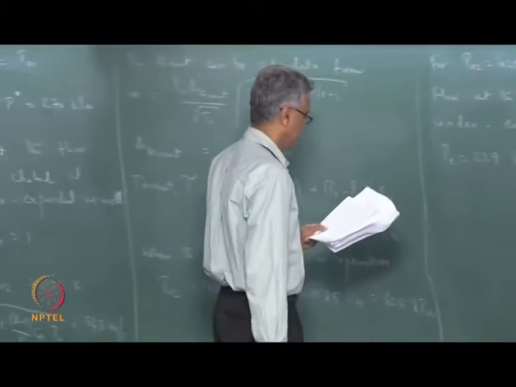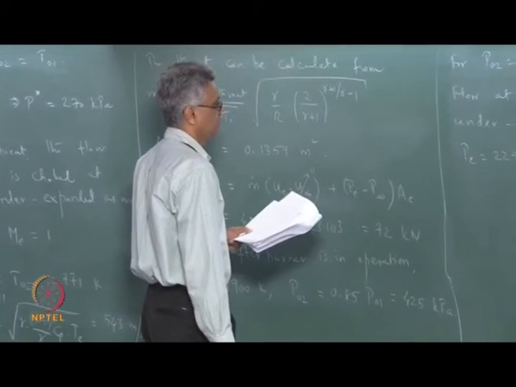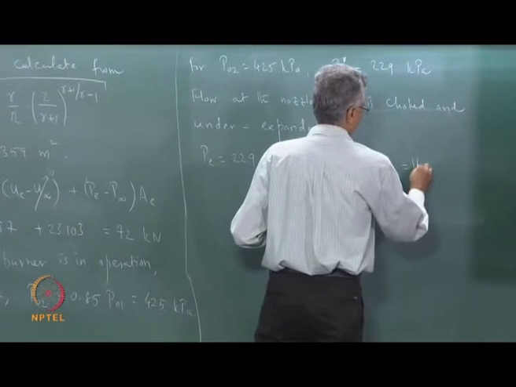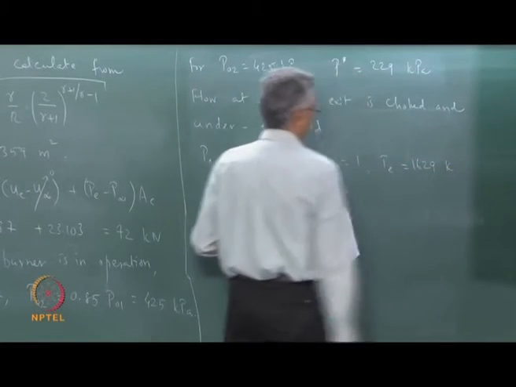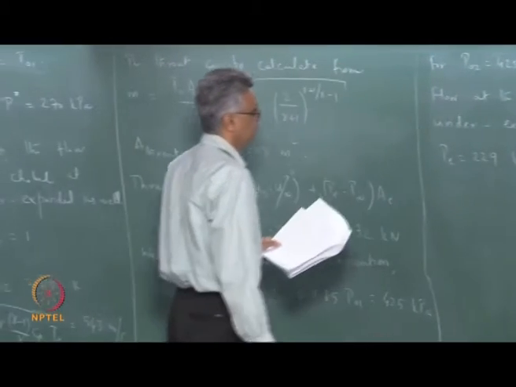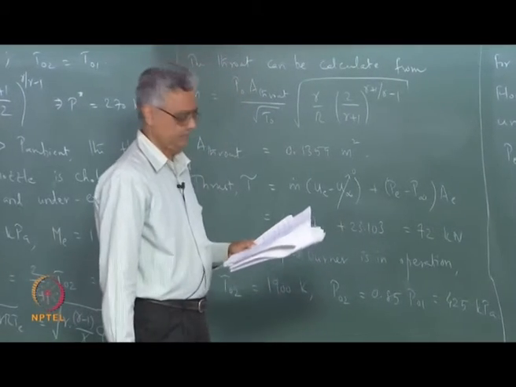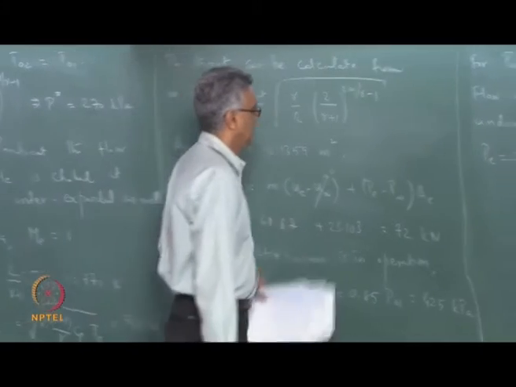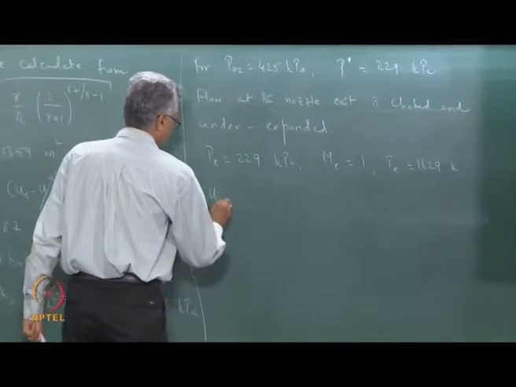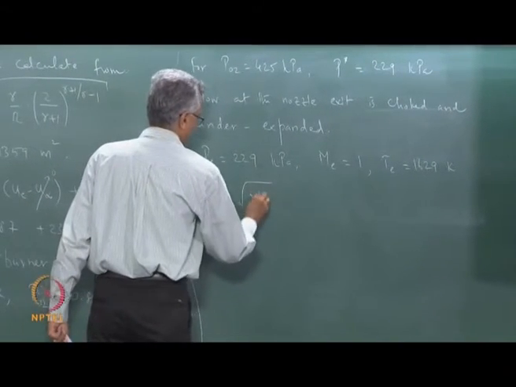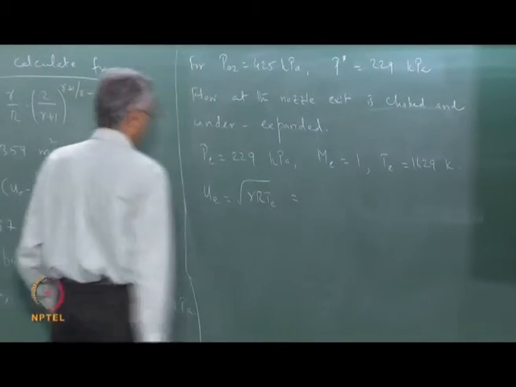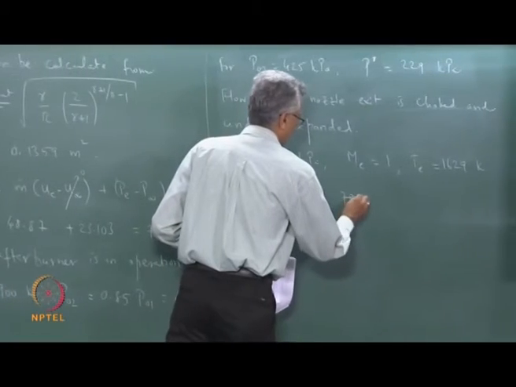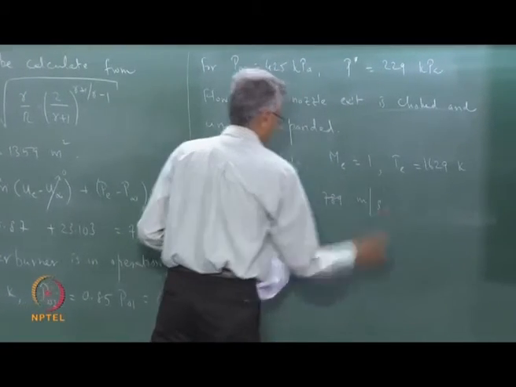So, T exit comes out to be 1629 Kelvin, that is equal to T star, right. And velocity at the exit can be calculated in the same manner as before. So, it is square root of gamma R times T exit, and if you substitute the numbers, you get this to be 789 meter per second.